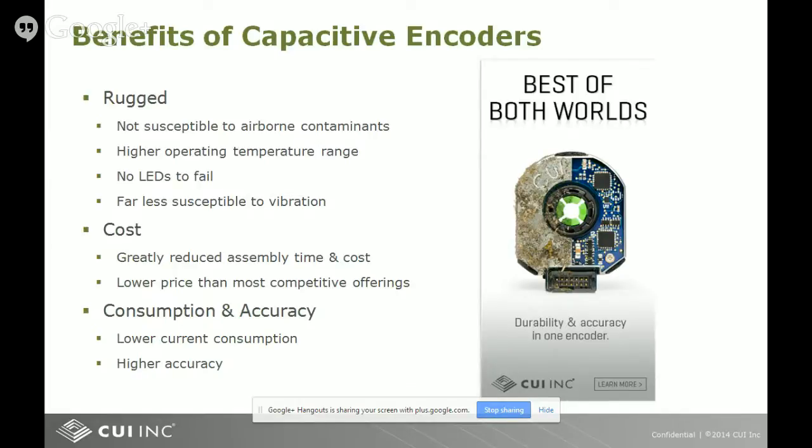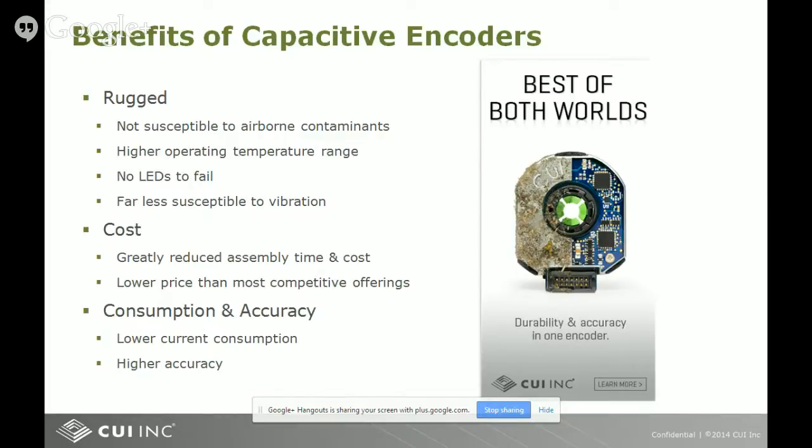With the capacitive encoder, it's rugged and not susceptible to airborne contaminants. So in your dusty, dirty environment, it doesn't have a problem where an optical can. It has a higher operating temperature, which is an advantage over a magnetic encoder. No LEDs to fail. When we look at lifespan, that's a concern for opticals.